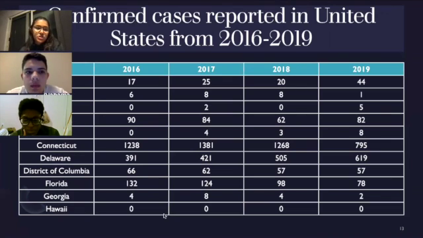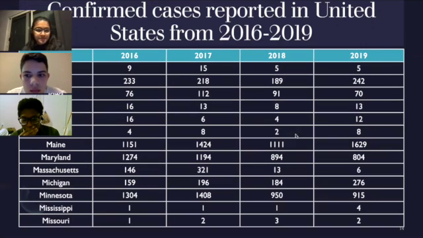In this table, we have Connecticut, Delaware, and the District of Columbia being some of the highest in the northern area. We also have Maine, Maryland, and Massachusetts in the thousands range, pretty high in 2016 and 2017. Minnesota, in 2016 and 2017, was also pretty high.